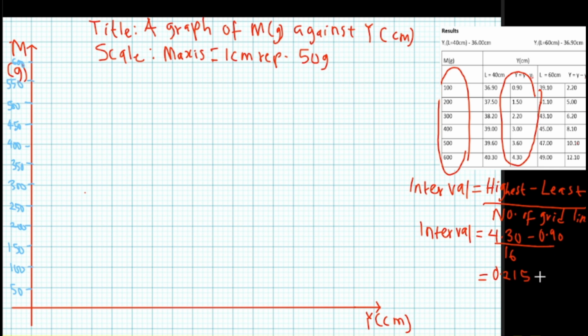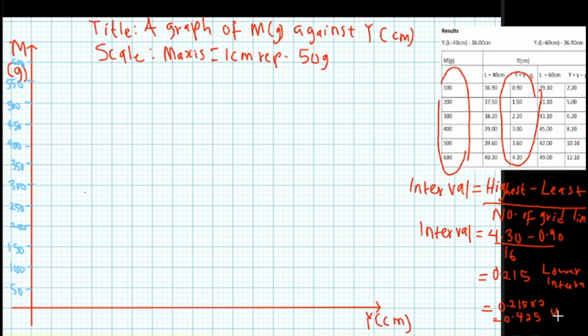So again, this is going to be our lower interval. Alright, so to get the upper interval, we multiply the lower interval by 2. So we have 0.215 multiplied by 2. And that will give you 0.425.